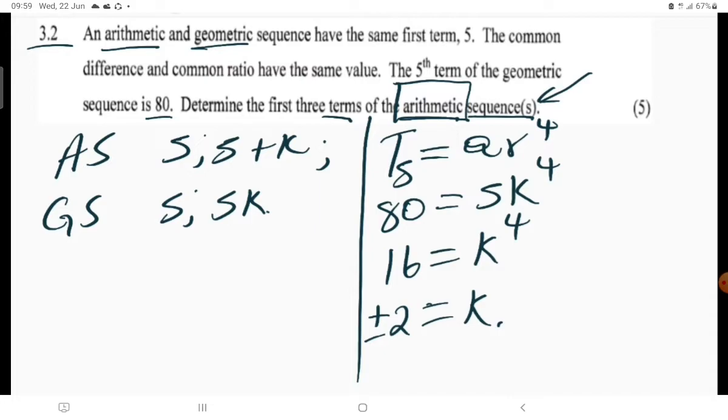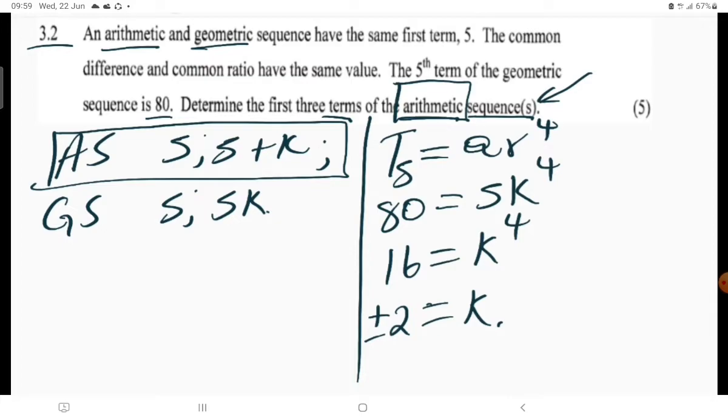Now let's determine them, because this is our arithmetic sequence way of dealing with it. The first term is 5, of course. If d is equal to, yes, let's use 2 for now, because we have plus or minus 2. We can just use K being equal to d now, because the question is mostly focusing on arithmetic.